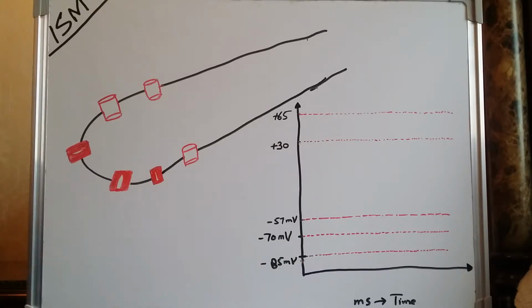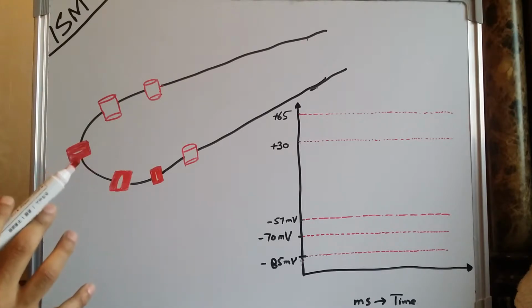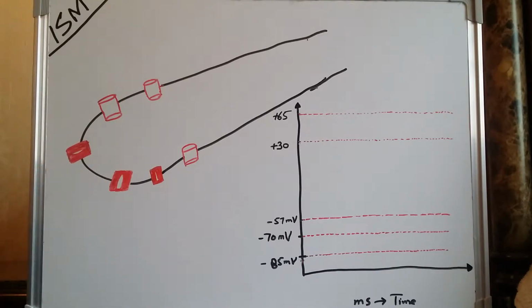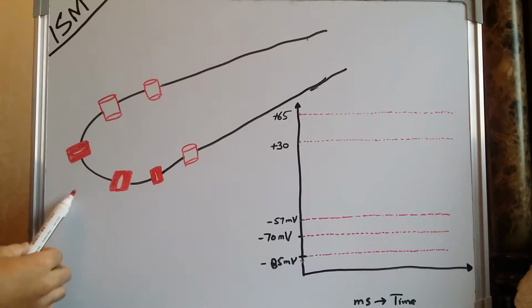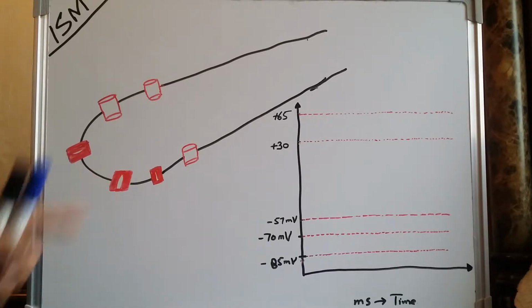Suppose I make a neuron here, and this neuron is sensitive to touch. Whenever I touch the neuron, the mechanical gates present here automatically open, and whenever these gates open up, the ions, because of the concentration difference outside and inside, start to move inside and outside.